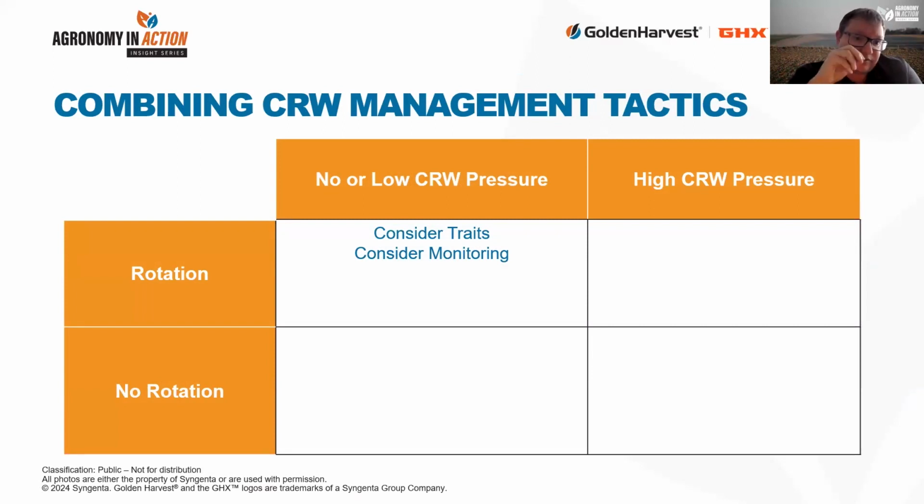If I'm in a steady corn soybean rotation, or maybe even a longer rotation, and I haven't had challenges with corn rootworm, I'm probably not that interested in what's happening on Andy's presentation here today. If I have concerns that the variant might be something going on locally, maybe I'm going to do some monitoring, or maybe I'm going to consider some traits. But probably if I'm in that bucket, it's not a problem for me.